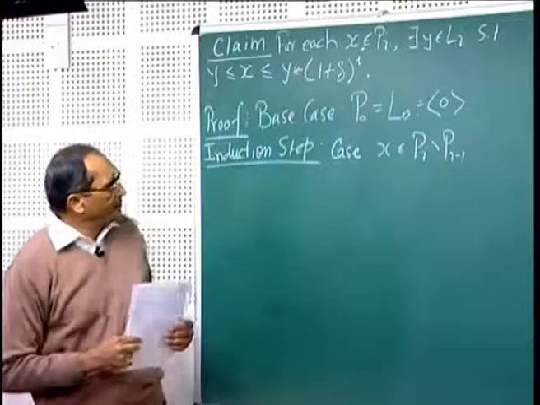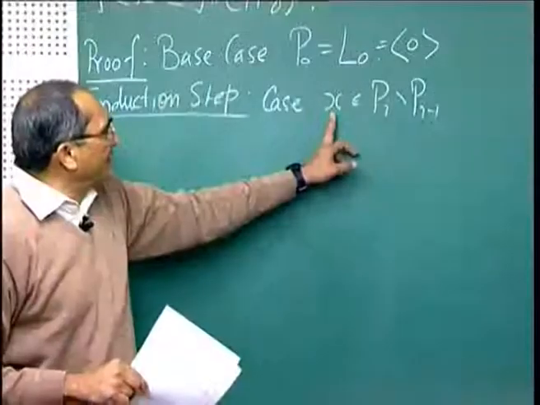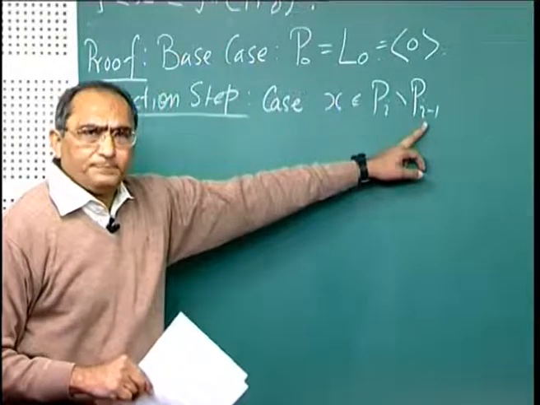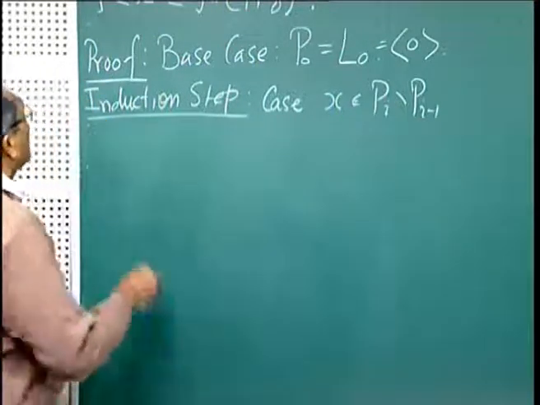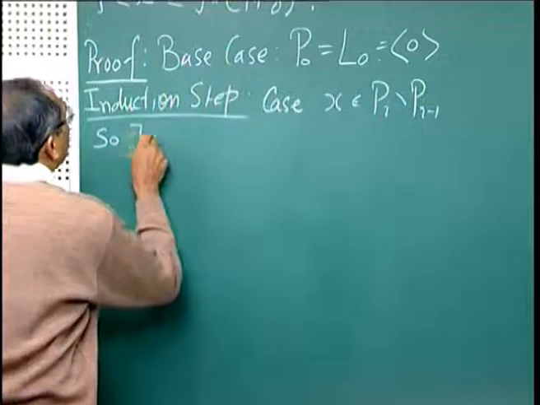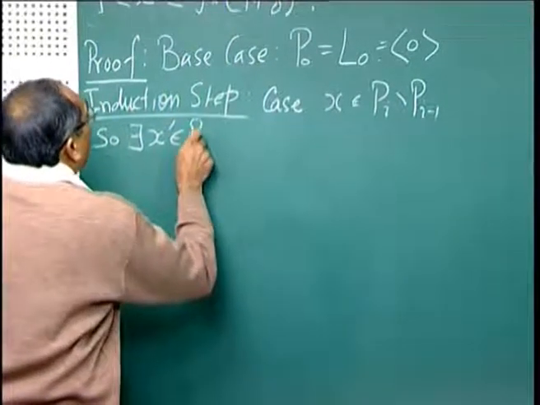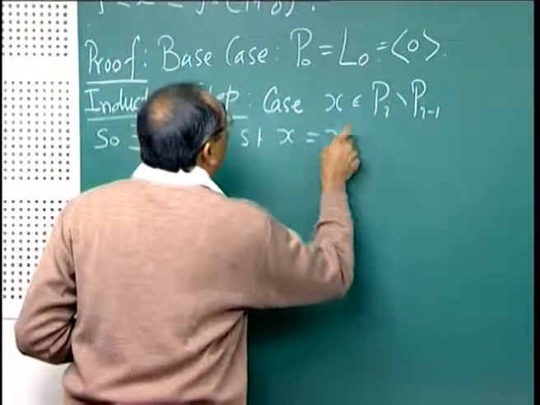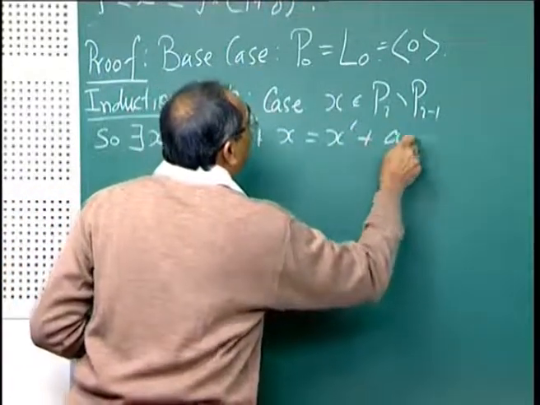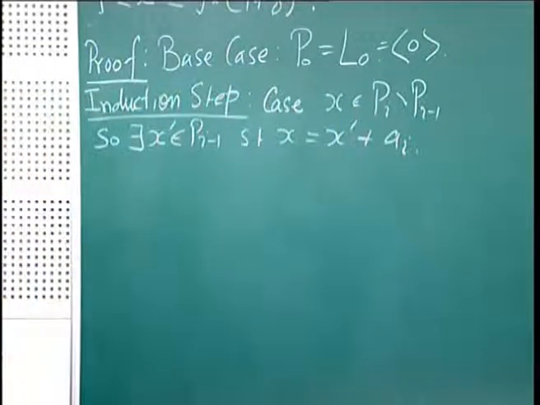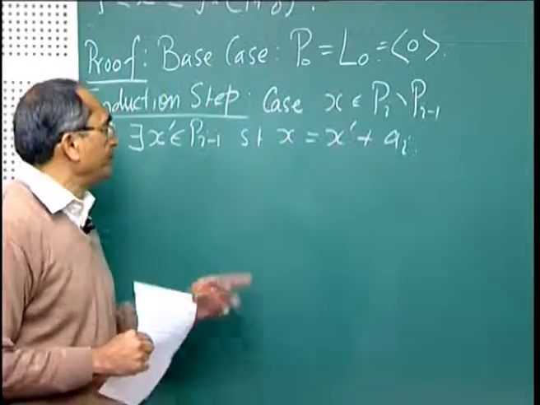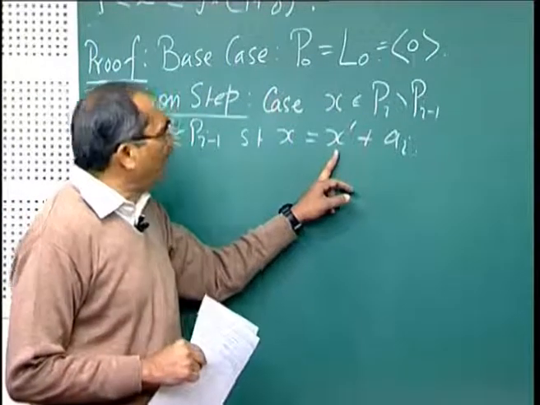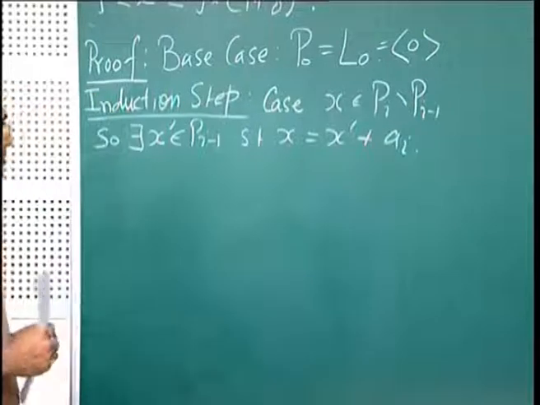that x that we have chosen from Pi belongs to Pi, but was a new number, not present in Pi minus 1. That means this is a number which is the result of a number in Pi minus 1 plus ai. Okay. So, there exists an x prime in Pi minus 1 such that x is x prime plus ai. Now, since x prime is in Pi minus 1, we will exploit the induction hypothesis.